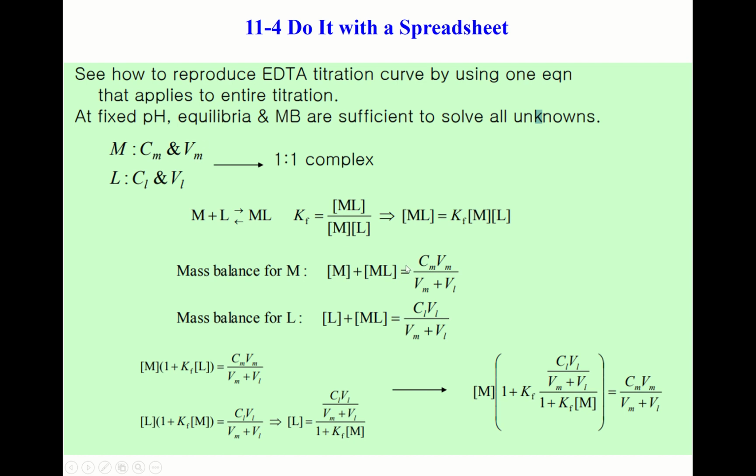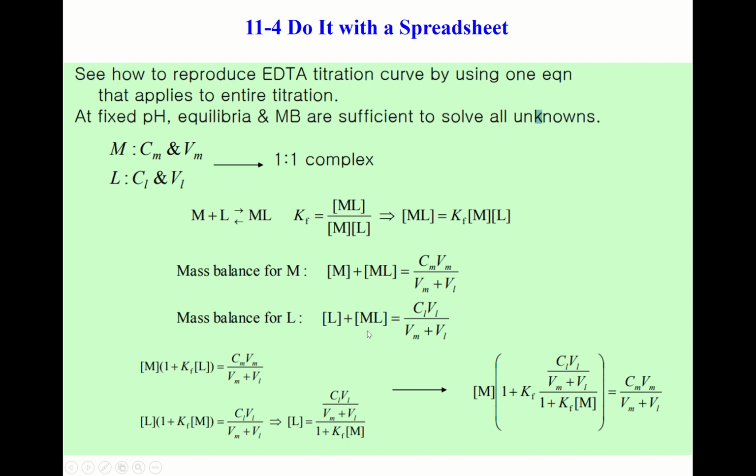The numerator is the moles of total metal, and since we added EDTA solution, the volume changes from Vm to Vm plus Vl. Here Vl is the added EDTA volume.